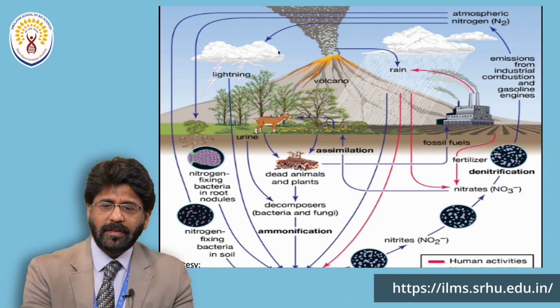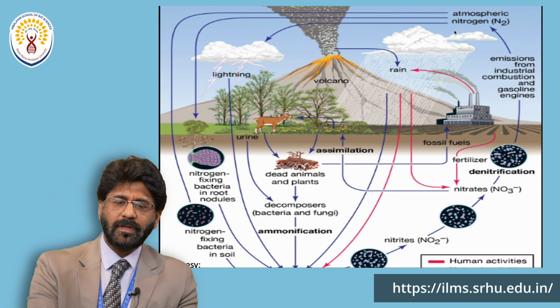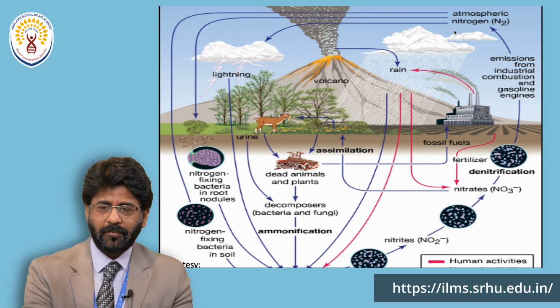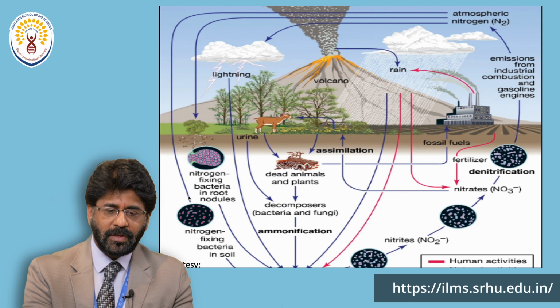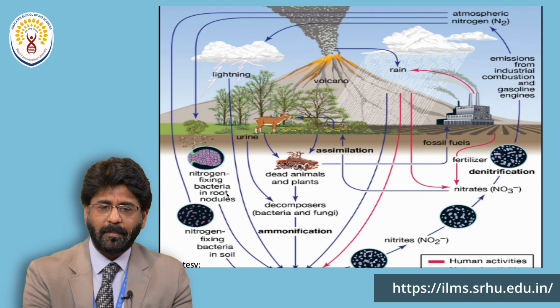Here further there are multiple steps. You can see that atmospheric nitrogen is being transferred into the lithospheric reservoir by nitrogen fixing bacteria present in the soil or nitrogen fixing bacteria present in the root nodules of certain plants.